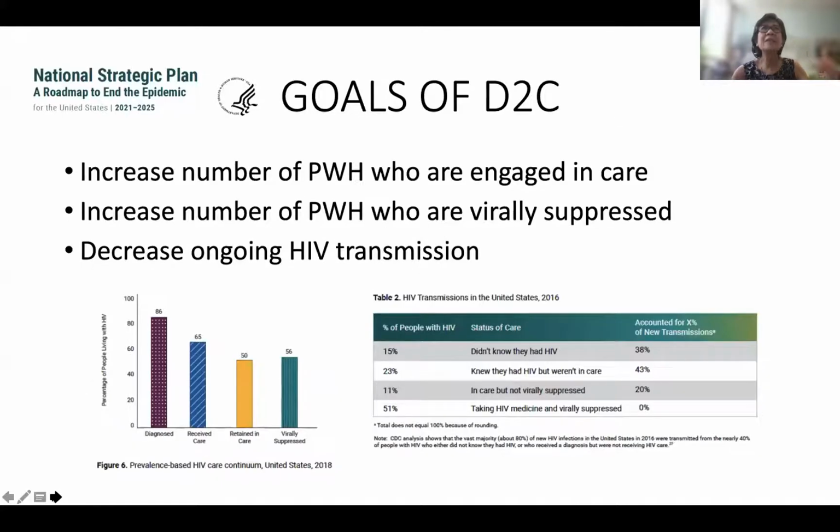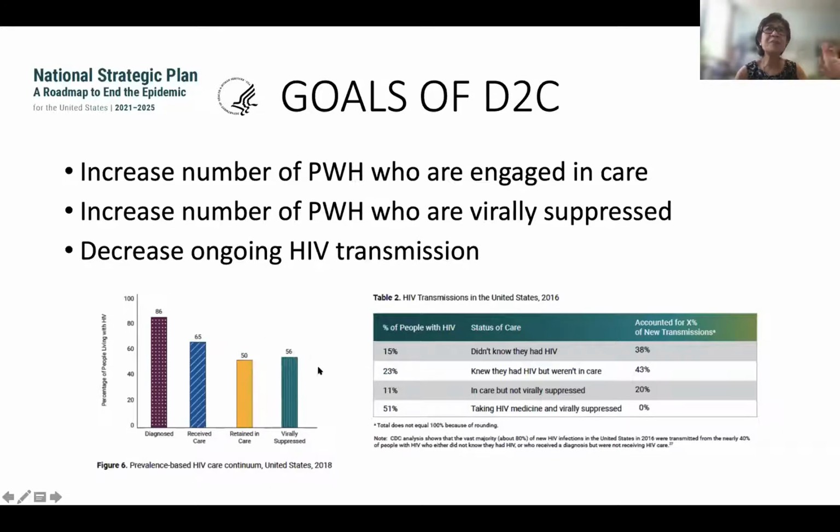Okay, so if you look at the National HIV Strategic Plan, a roadmap to end the epidemic, again, this is the 5-year plan from 2021 to 2025, these are the goals. I don't need to articulate this again because everyone in this group knows this. But if you look at the document of this roadmap, and you look at the prevalence-based HIV care continuum, this was 2018, which is more recent than what's published by the CDC.